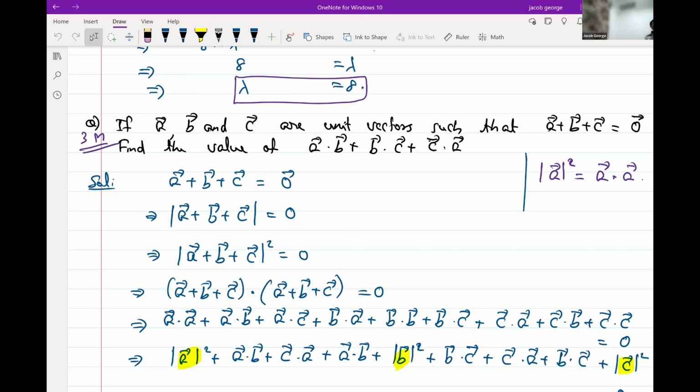The 0 vector means its magnitude is how much? Modulus of that vector will be 0. Now to break the modulus, we do squaring. This is the formula for squaring the modulus: modulus of vector A squared is vector A dot vector A, that vector dotted with the same vector itself.